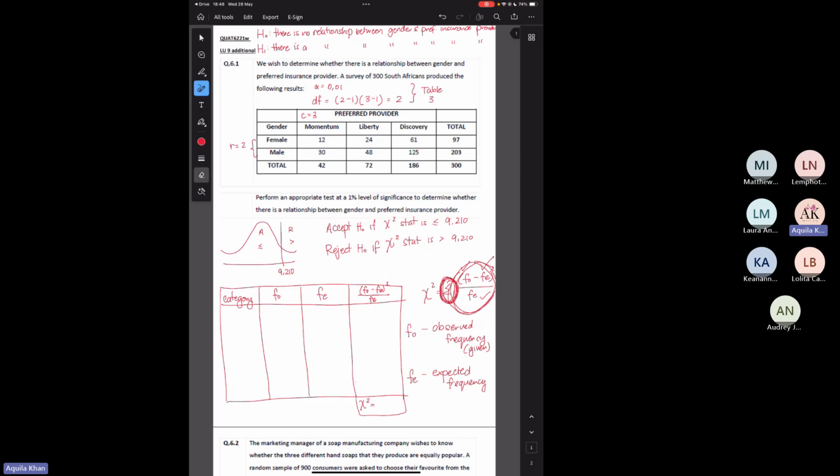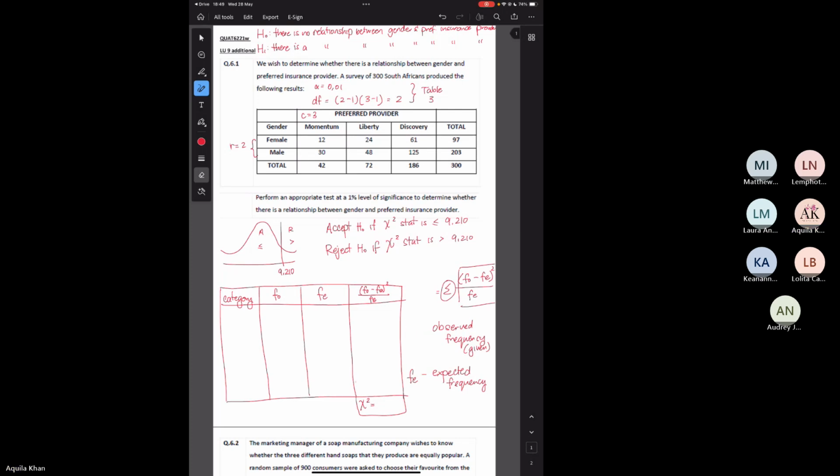So you actually don't need the formula at all because the formula is what is done in the table. So ultimately, you're calculating this fraction in the last column. And when you sum up that last column, you are now summing up that entire fraction, and that will give you your chi-squared statistic.